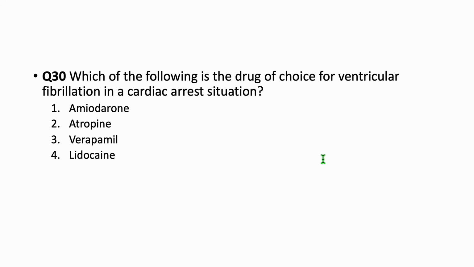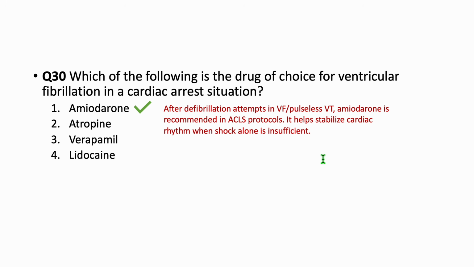Moving ahead, 30th question. Which of the following is the drug of choice for ventricular fibrillation in a cardiac arrest situation? So, what will be our first line drug of choice? So the answer will be amiodarone.